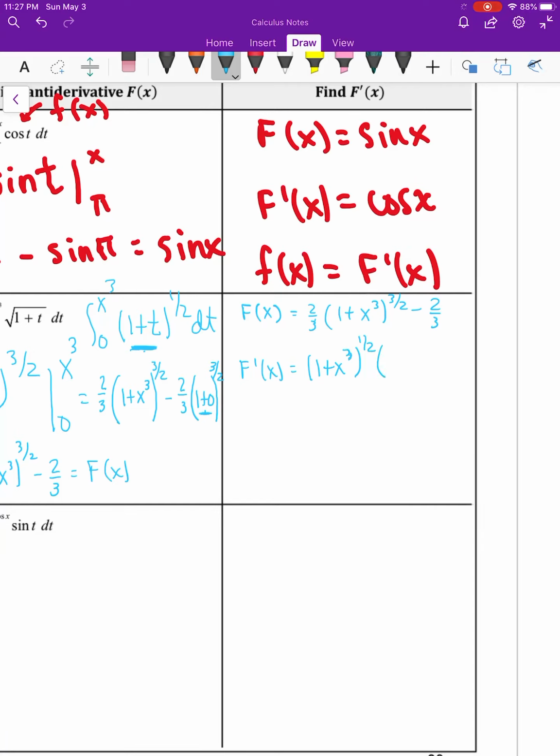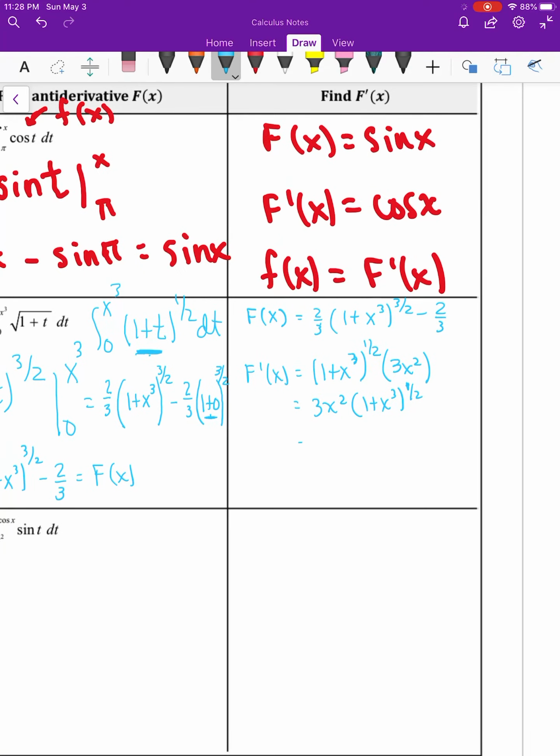Bringing that down times this to the 3/2 minus 2/2, so that's going to be to the 1/2, and then times the derivative of 1 plus x cubed, which is 3x squared. And then the derivative of negative 2/3 is 0.